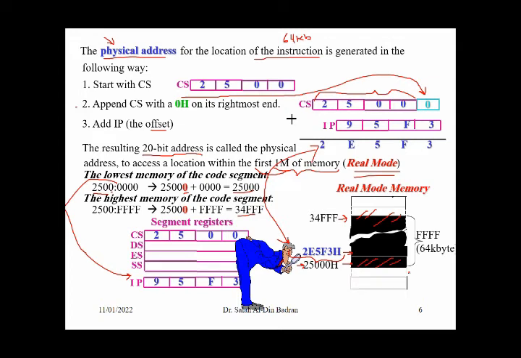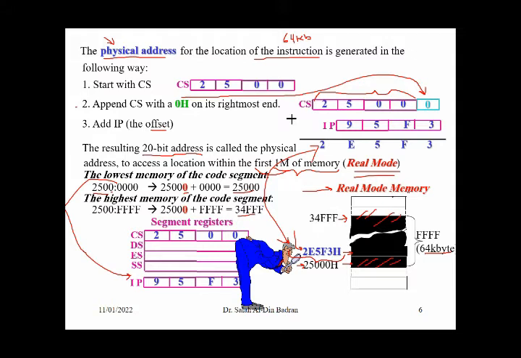In real mode, the real mode is the 1 mega. You will find your location within a 64-kilobyte segment, and this segment is inside the real mode memory, the first 1 megabyte of memory. This is the real mode.